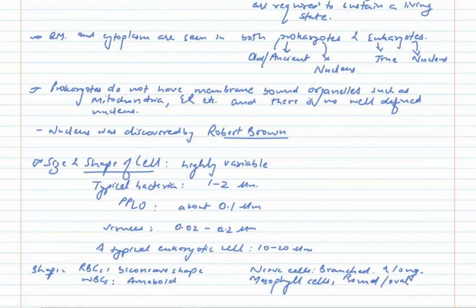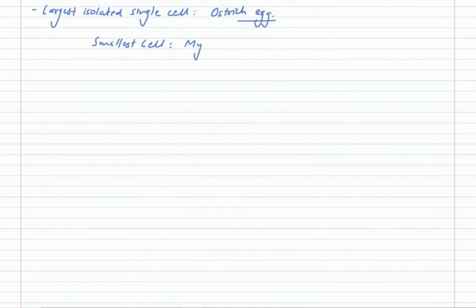Now, the largest isolated single cell is that of an ostrich egg. So the ostrich egg is considered a single cell, and it is the largest isolated cell. The smallest cell is mycoplasma.